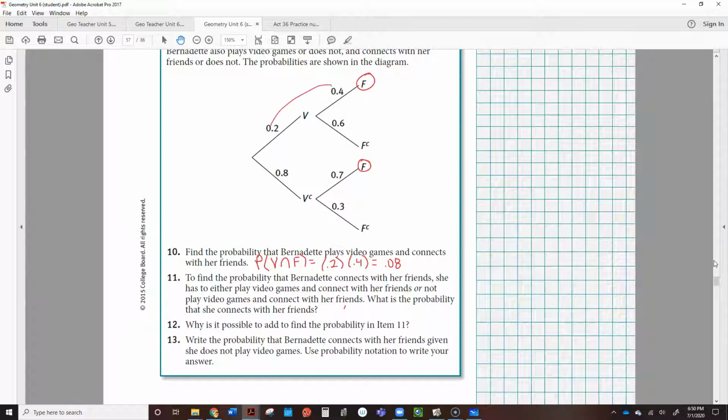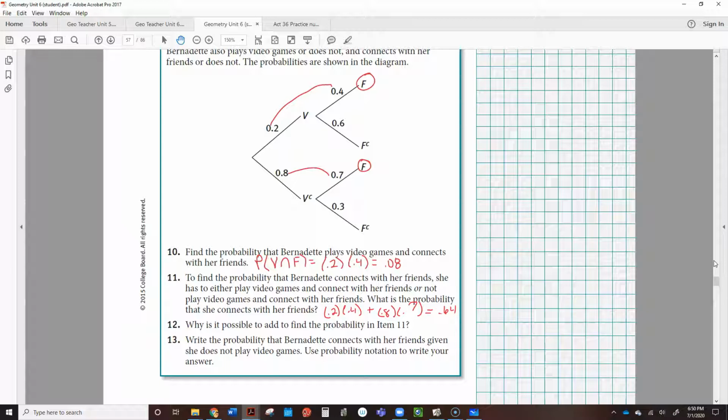We're going to take these two and multiply them together, and then take these two and multiply them together, and then add those outcomes. So we're going to do 0.2 times 0.4, and add that to 0.8 times 0.7, and when we get that all multiplied out, we end up with 0.64.